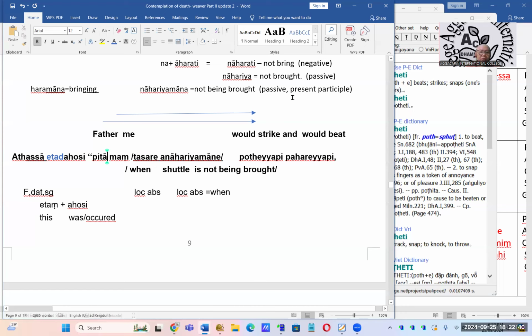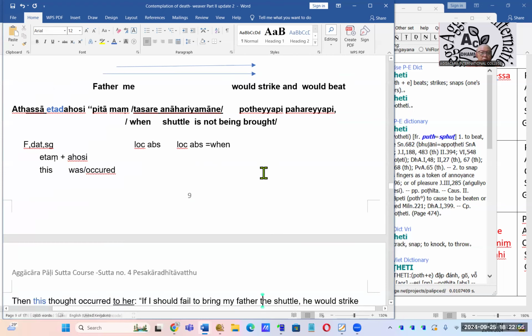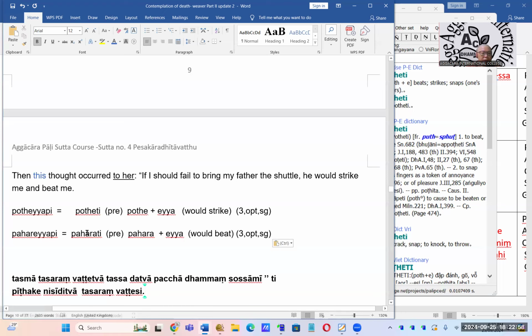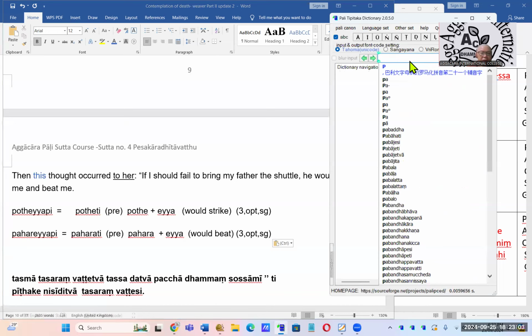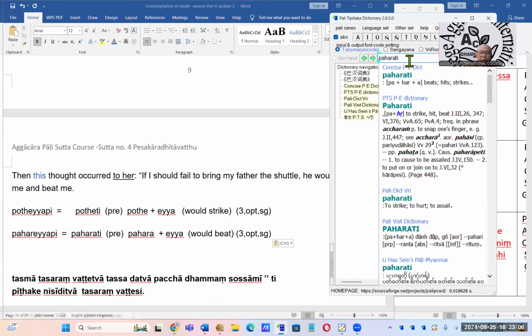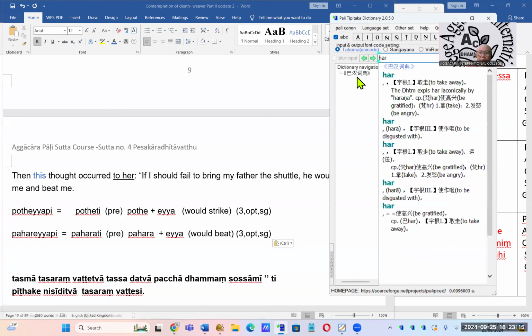So any question about this sentence? Okay. So do you notice that the root is quite the same, har also? Just now we have harati. So here paharati, har. You can see the root is har also. So the meaning is to take away.